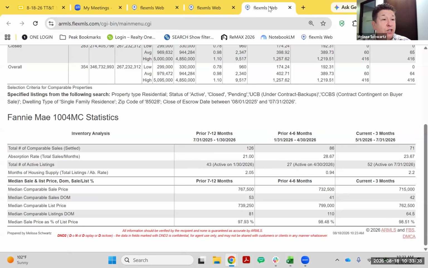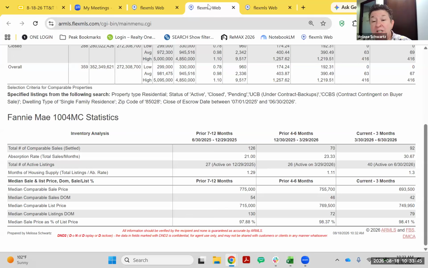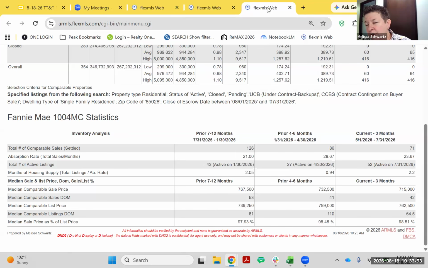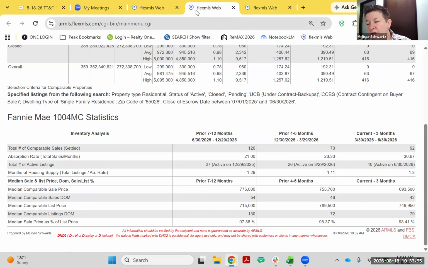So that number didn't change at all. Okay, but the middle months did change from 80 to 86. I'm sorry, 70 to 86. And this is 92 from really April, May, and June to 71. So little stronger, obviously, as we headed towards that May, June, July, right?